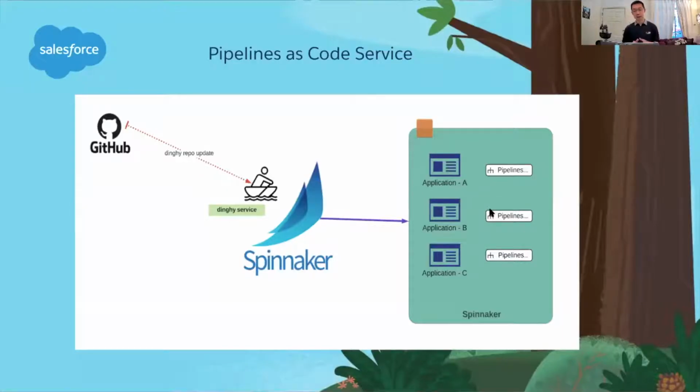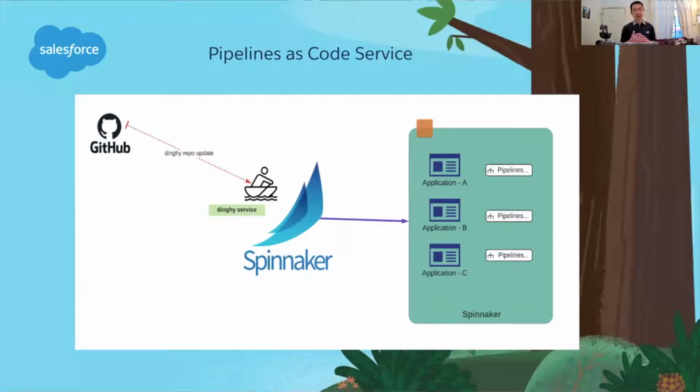Here is a high-level description of pipelines as code as a service. The background service is called Dinghy, and it operates as one of the microservices within the Spinnaker installation. It is listening to code changes in GitHub.